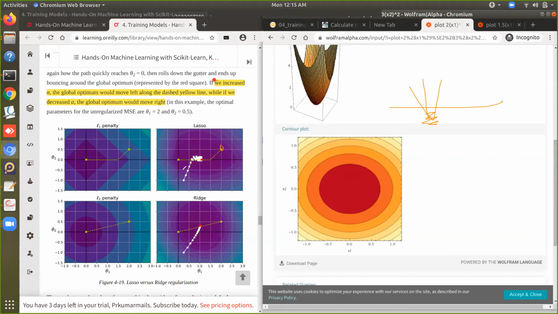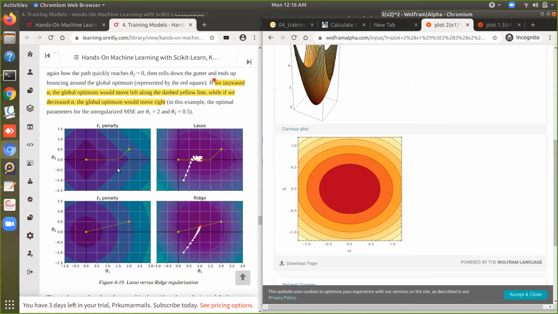Since it's two dimensions, it will oscillate somewhere, and at some point it will be oscillating very near to the global optimum point. In ridge regression, here also we can see the optimal point is here.